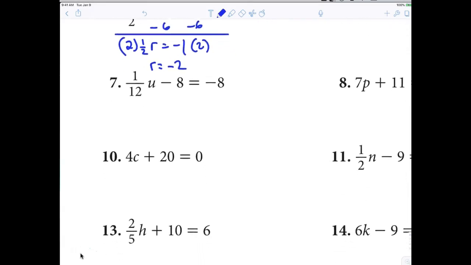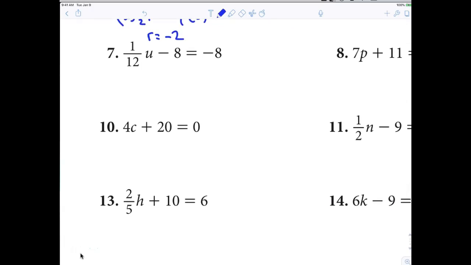All right. Ava, you're up. What do I do first? Plus 8. Plus 8. So what do I have? Yes. So it's 1/12 u is equal to 0, right?